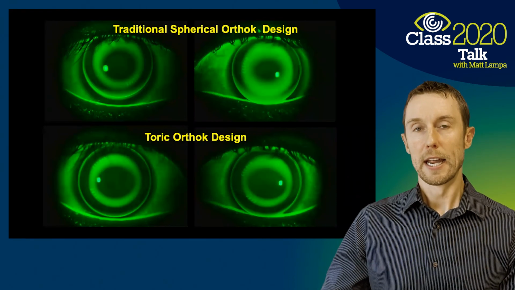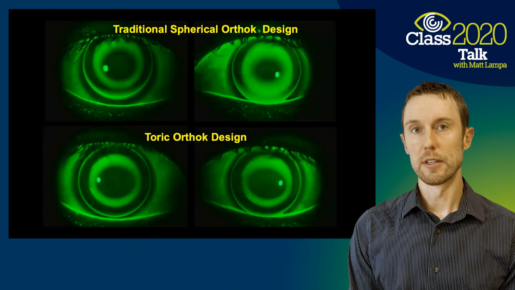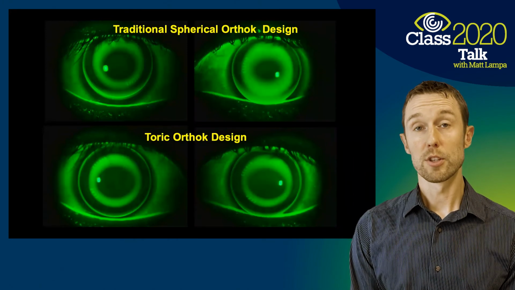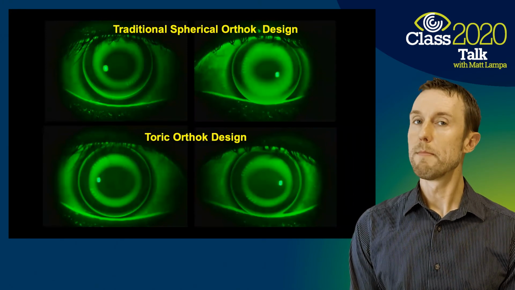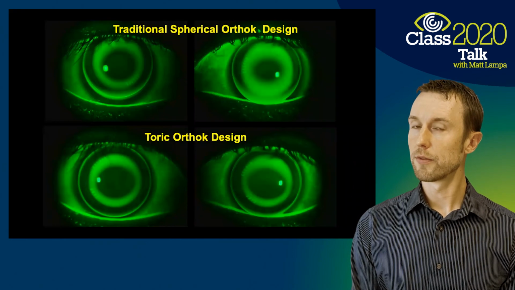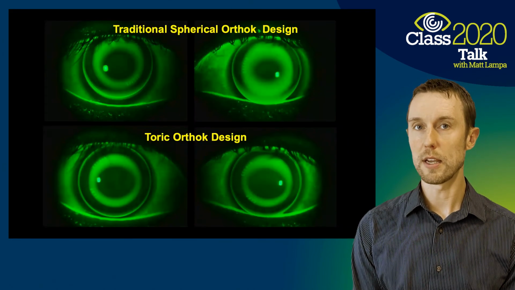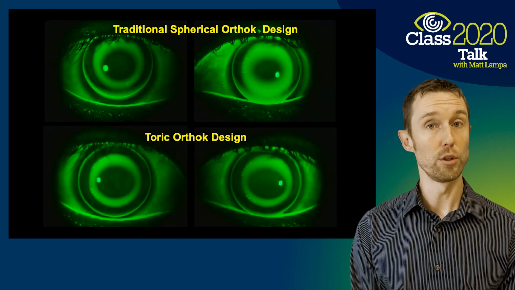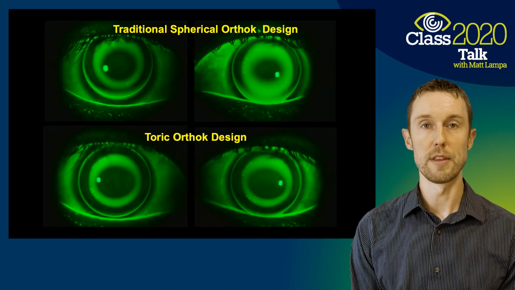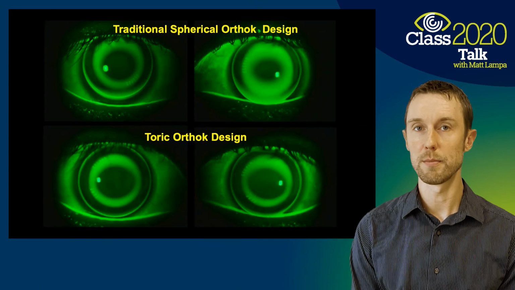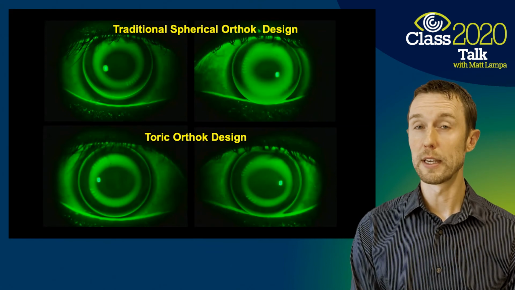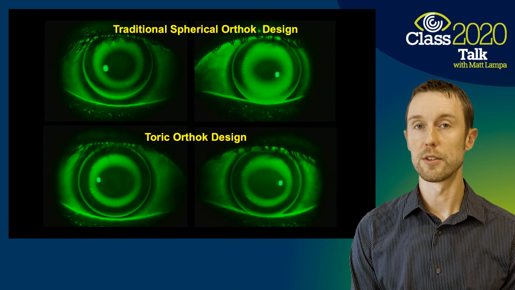So I think what this does for us is really start to summarize that we may get away with a standard spherical contact lens, even though the patient might have a toric cornea. I think there are some clues we can get in terms of the amount of corneal astigmatism. I think there's some clues that we can get in terms of corneal eccentricity.